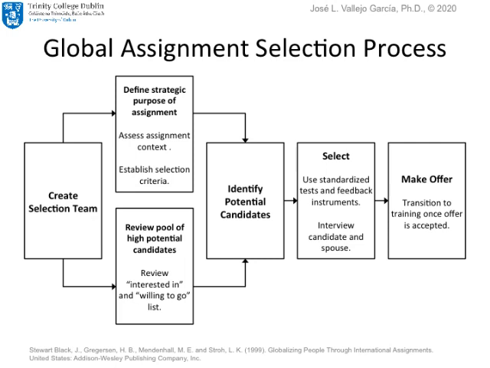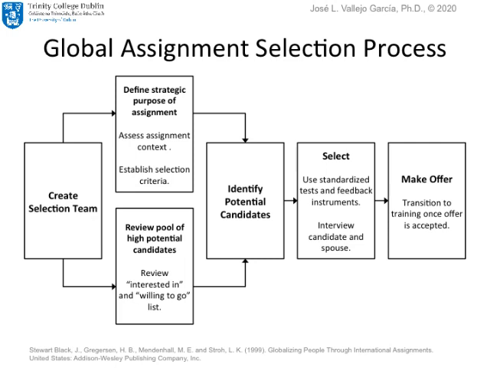Once this is done, the purpose is to identify the potential candidates. Then comes the selection. By using standardized tests and feedback instruments and the interview of the candidate and the spouse, you can have an idea of the availability or capability of that candidate to take that position as an expatriate.